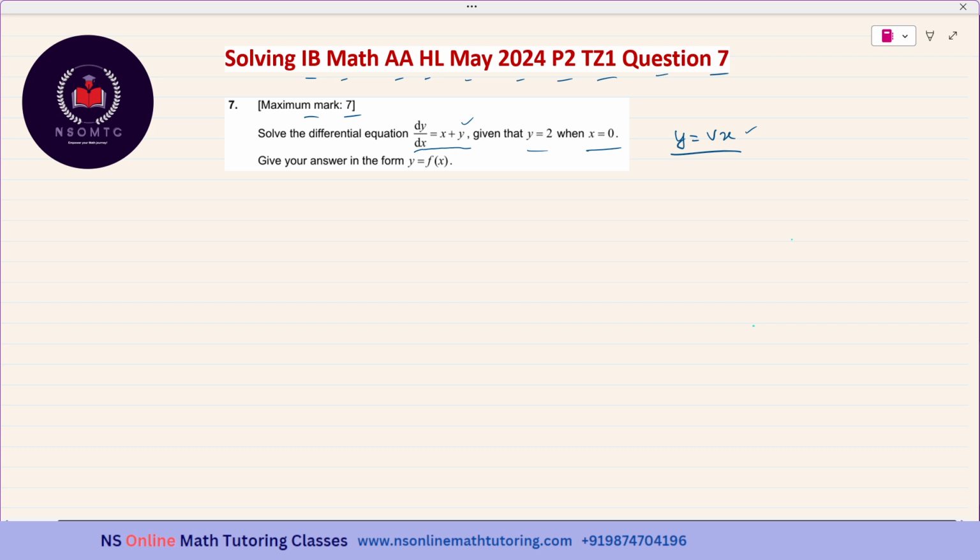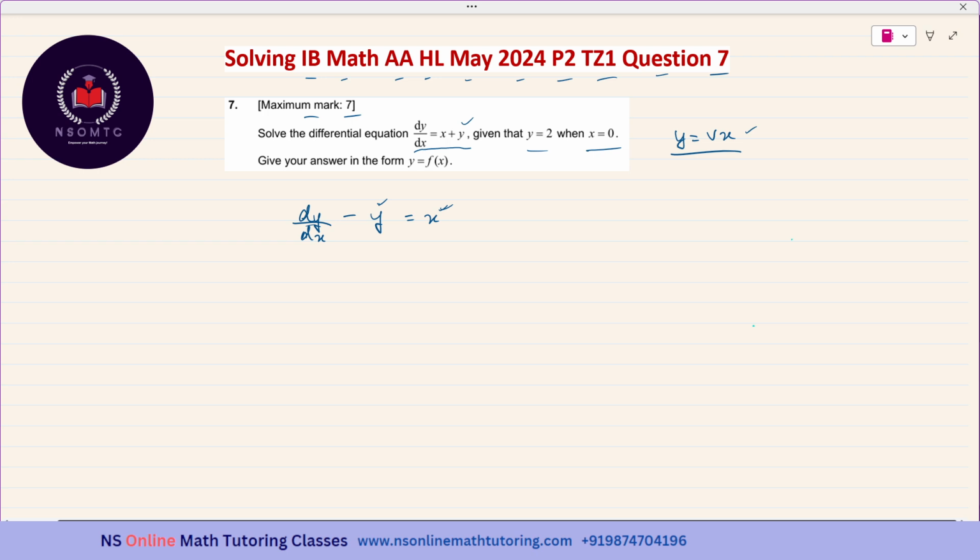First of all, let me write the equation in this form: dy by dx minus y is equal to x, because the second term should contain y, and after the equal sign there should be an expression containing x or a constant.